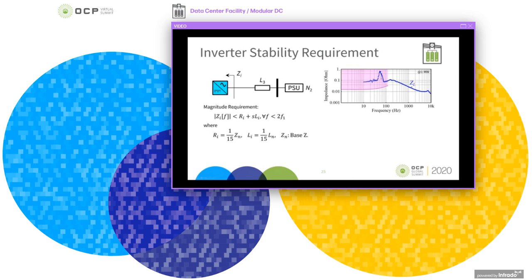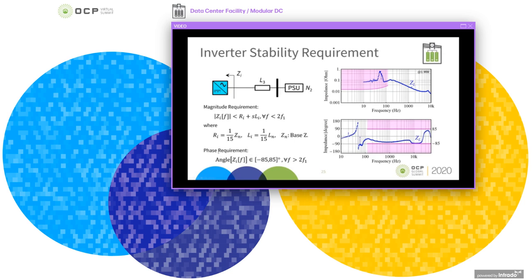The first constraint is on the magnitude, and then the magnitude of the inverter impedance should be less than the combination of a resistance and an inductance for all frequencies less than the second harmonic, where this resistance and inductance are a function of the nominal or base impedance of the data center, so that if you have more power in your data center, then this constraint may be lower. It scales depending on your nominal power.